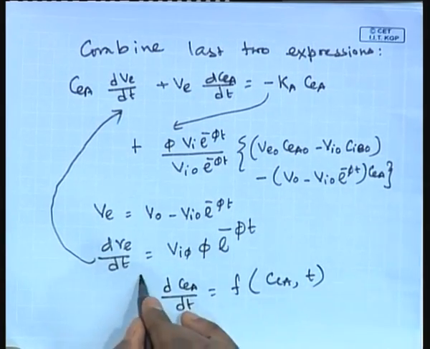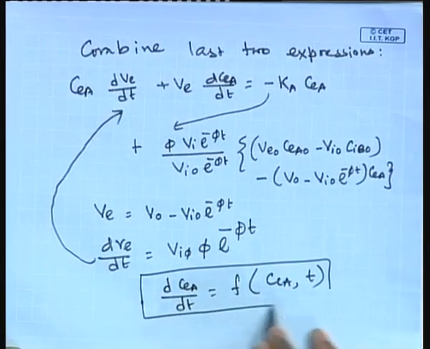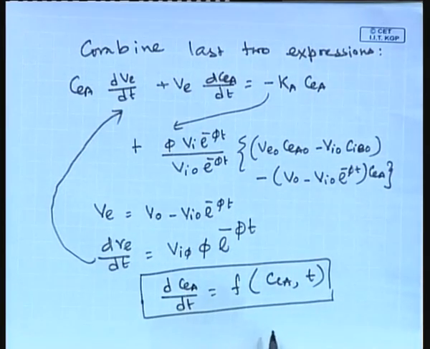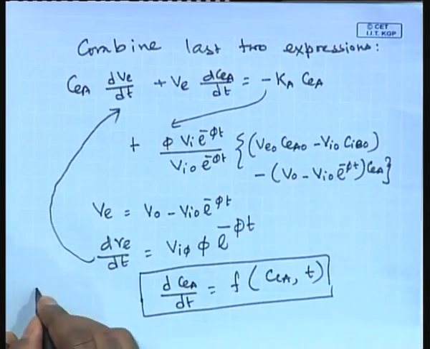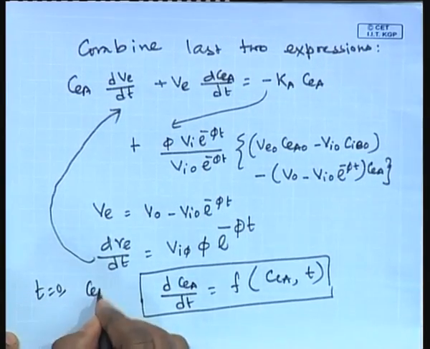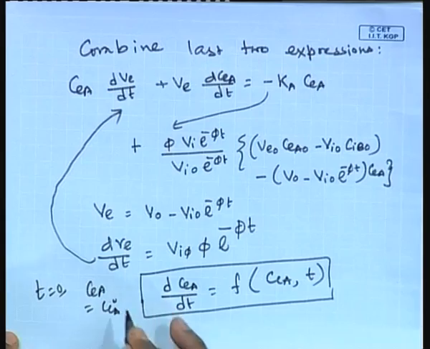time. So, you will be getting a form of this ordinary differential equation, but the form is such that we cannot have an analytical solution in this particular case, and this has to be solved with the initial condition that at time t is equal to 0, C E A is equal to C E A naught. Okay.